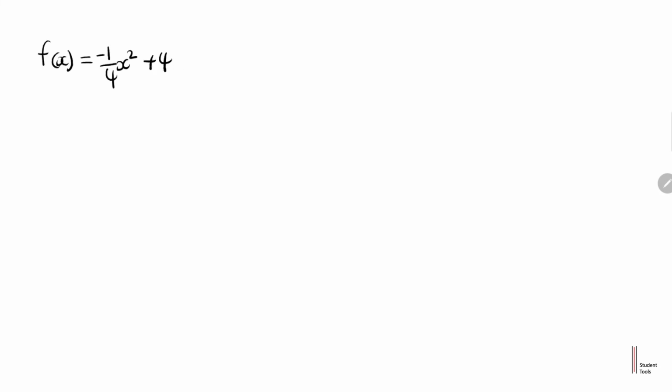So we are told that we have to find the graph k here through reflecting this graph f about the x-axis.